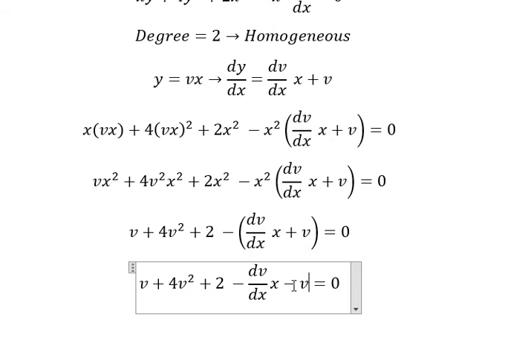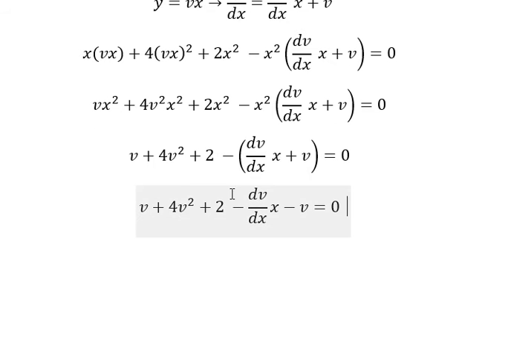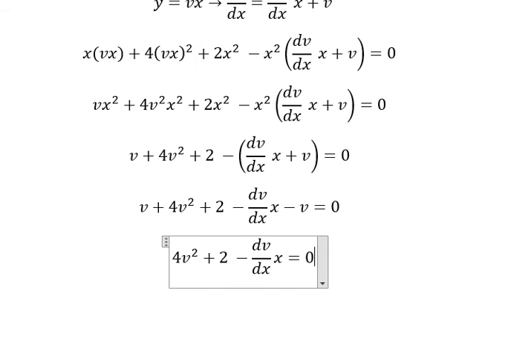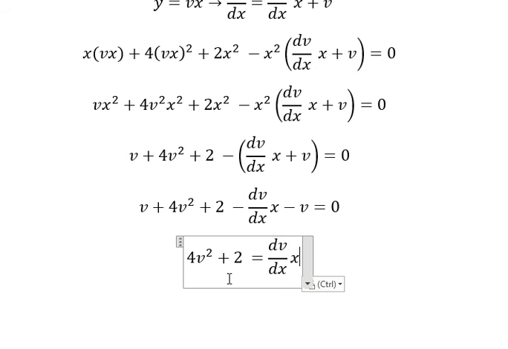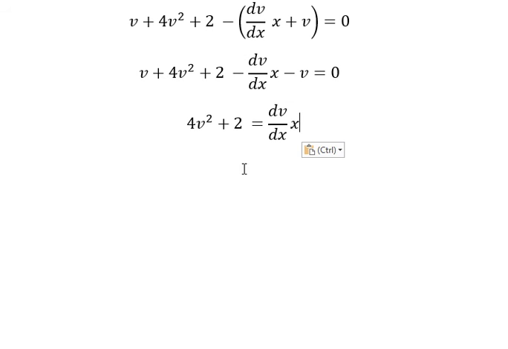So v minus v, we cancel. And now I can put this one go to the right. So we put 4v square plus 2 on the right, dx and x we put on the left.